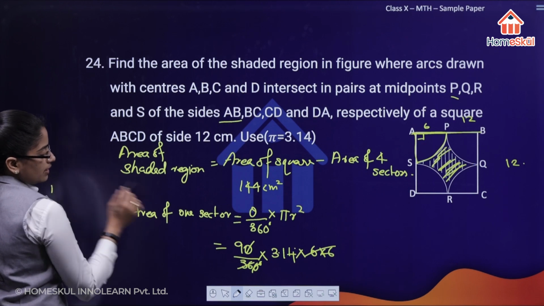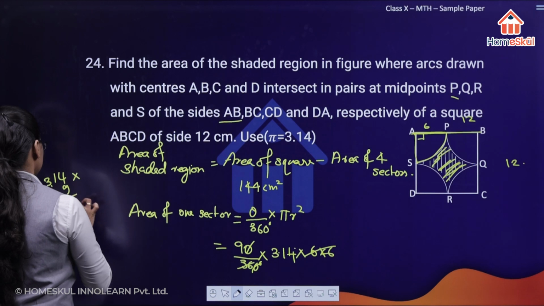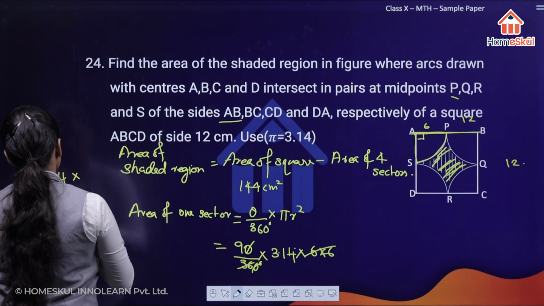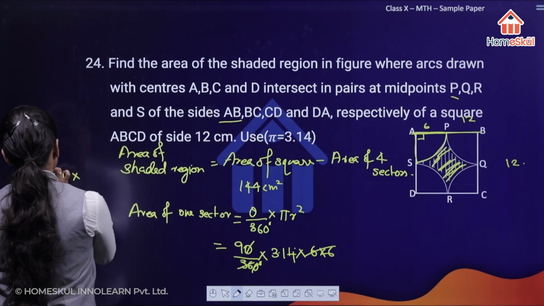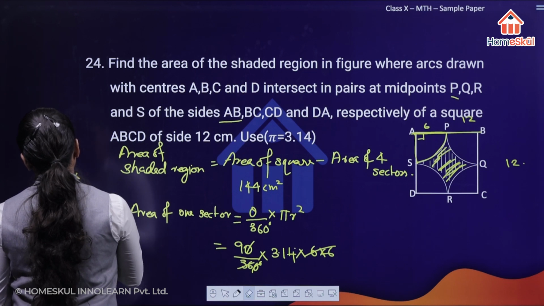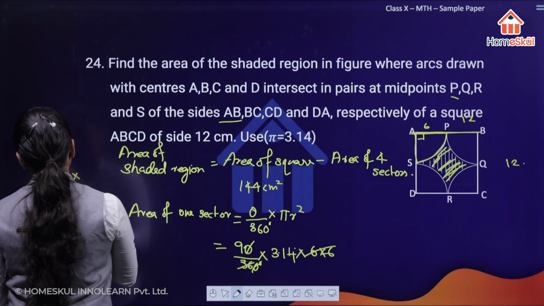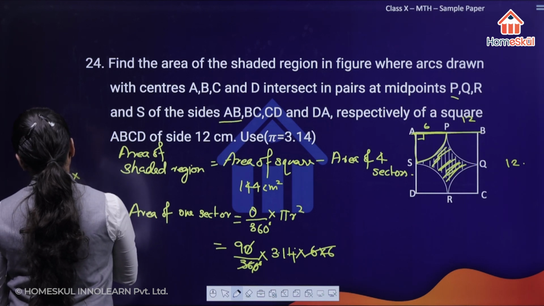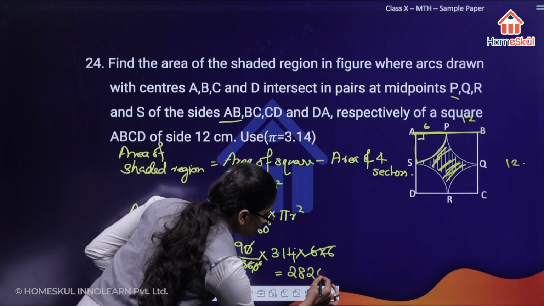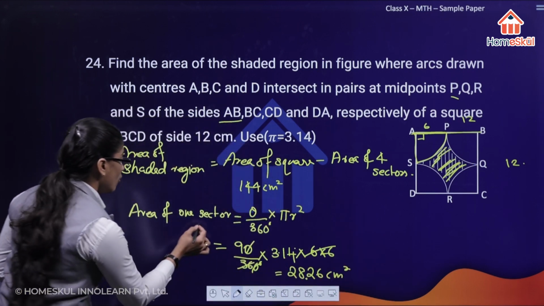Now we need to multiply 314 into 9. 2826, with 2 decimal places, so 28.26 centimeters squared. This is the area of one sector.